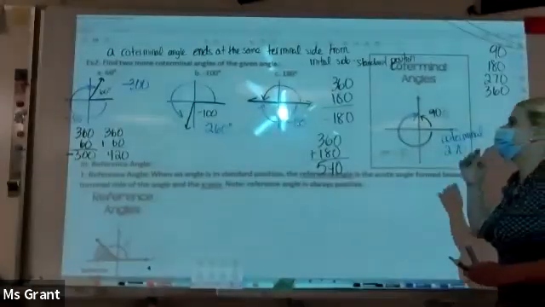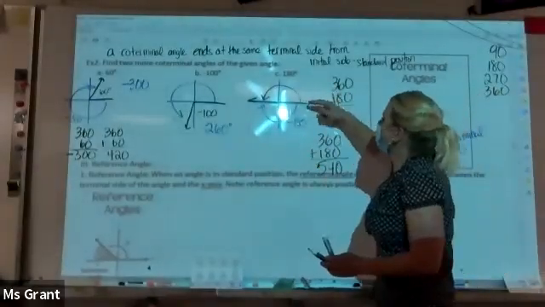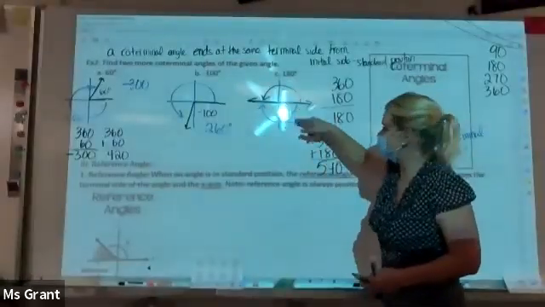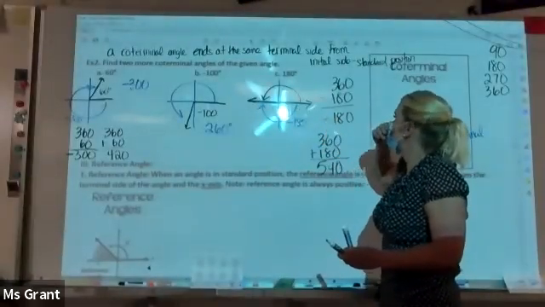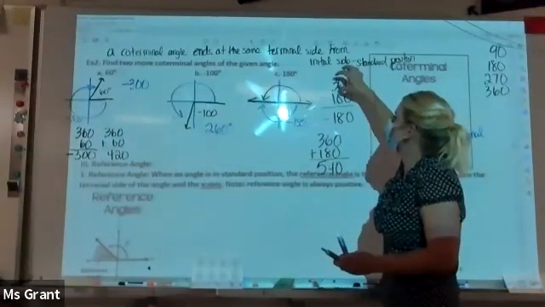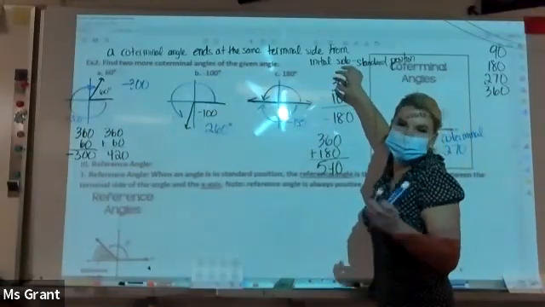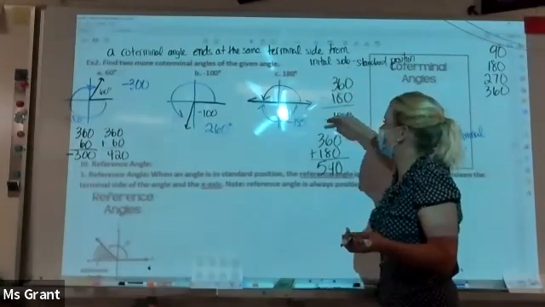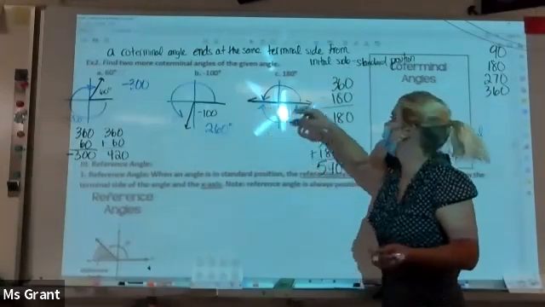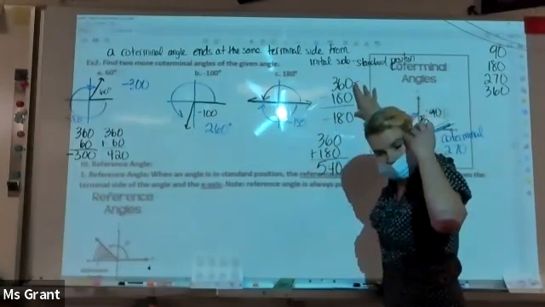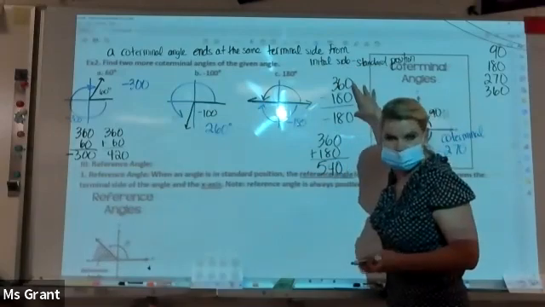Miss Grant, if you do 360 minus 180, how is it negative 180? Because I know it's not, but when I go, my negative invert, where I drew it, that's where the negative comes from. But you're basically taking the whole thing away. I'm going negative, so I have to say it's a negative. I'm going clockwise. I know that this math problem is not like good for our brains because it doesn't make sense.